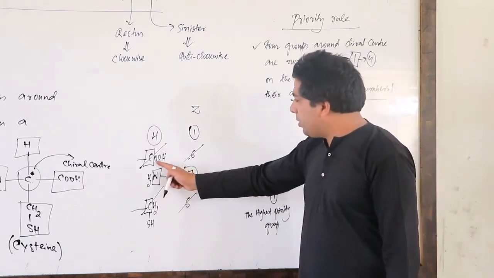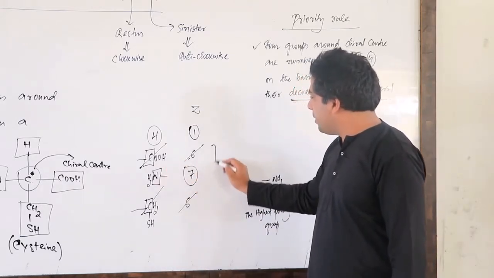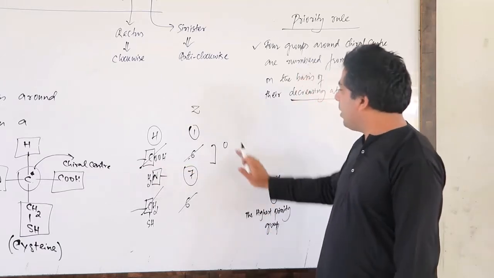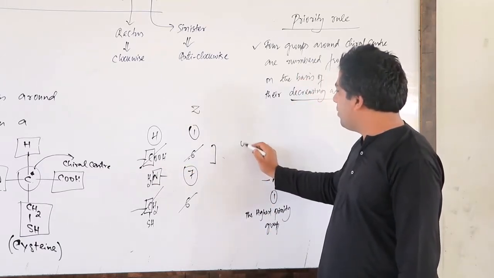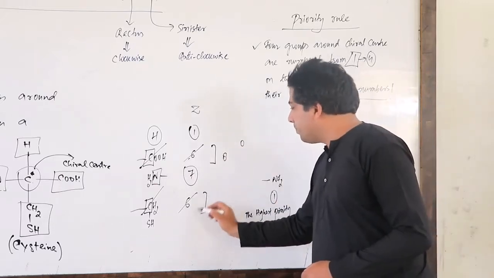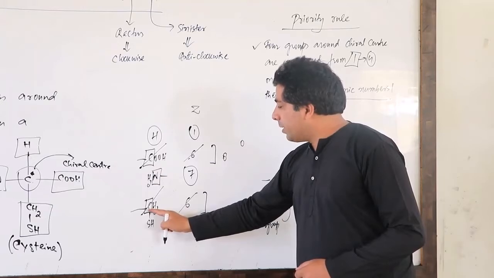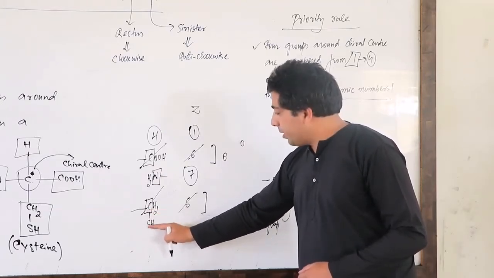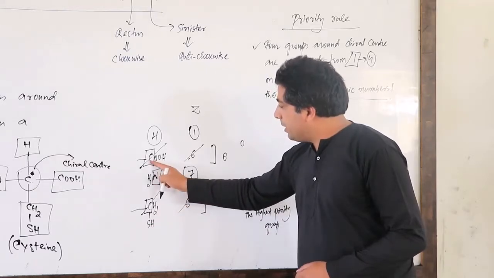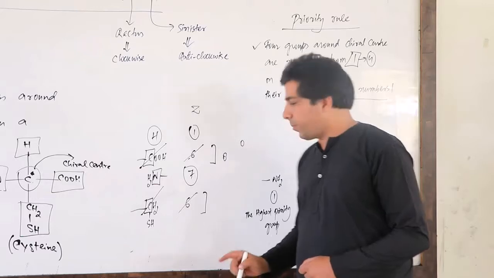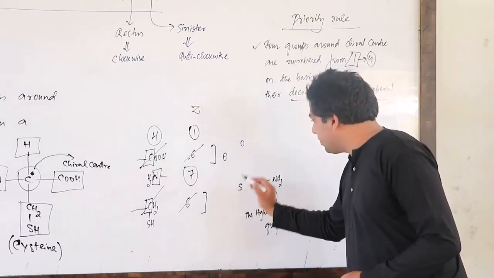If you look at oxygen here, this is your oxygen. And the atomic number of oxygen is how much? 8. So the atomic number of oxygen is 8. If you look here, this carbon is linked to sulfur and this carbon is linked to oxygen. So the carbon which is linked to sulfur, here it is linked to sulfur.